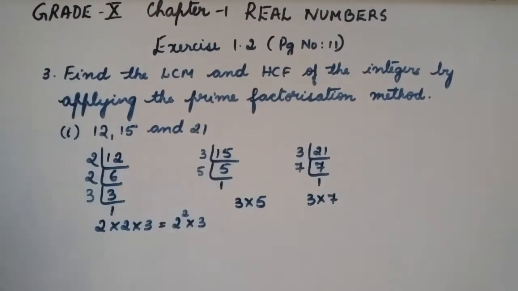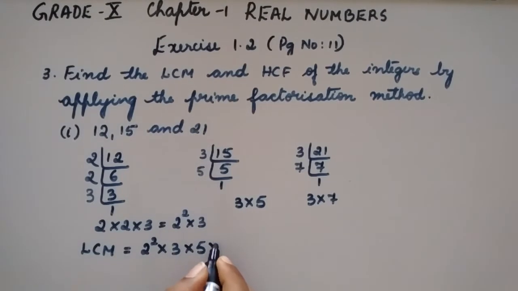Now let us find the LCM. So LCM will be 2 to the power 2 into 3 into 5 into 7.